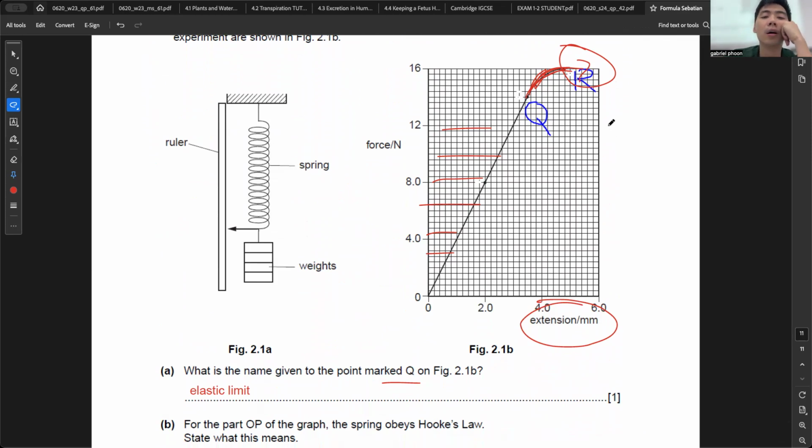Since in the normal calculation the answer will be in N/m, I converted it. Can you see the part where P is at the 2?